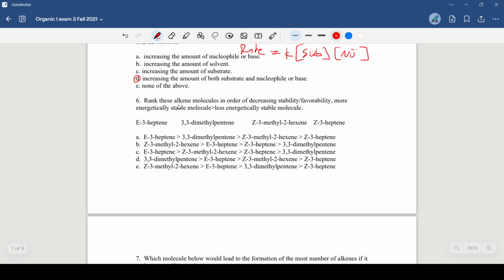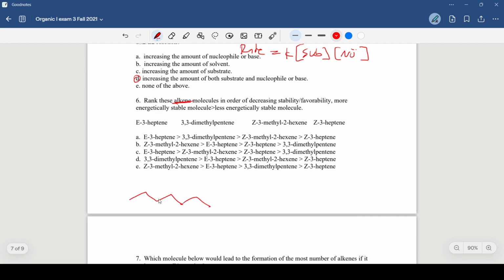Okay, so ranking alkenes in terms of decreasing stability. We have to look for the most stable ones. So what I'm going to do is just draw them out. So E-3-heptene. 1, 2, 3, 4, 5, 6, 7. 1, 2, 3, 4, 5, 6, 7. Okay, 2, 3.